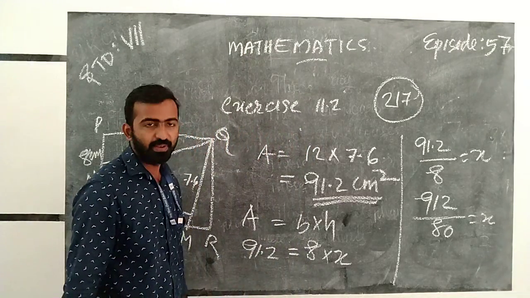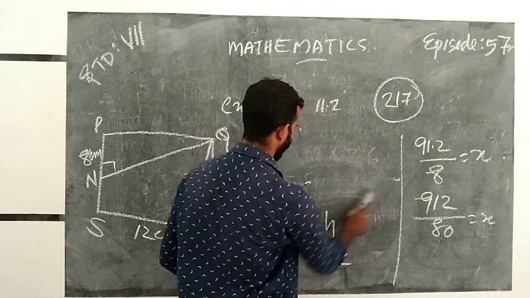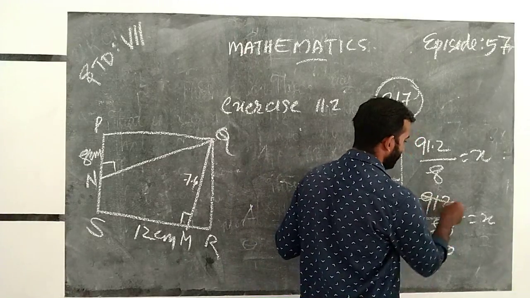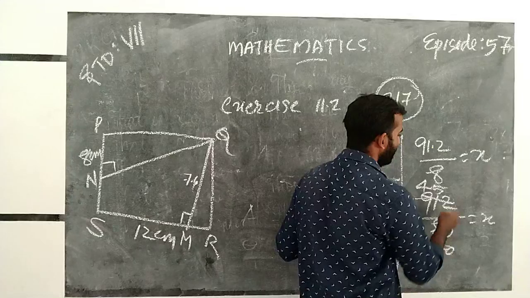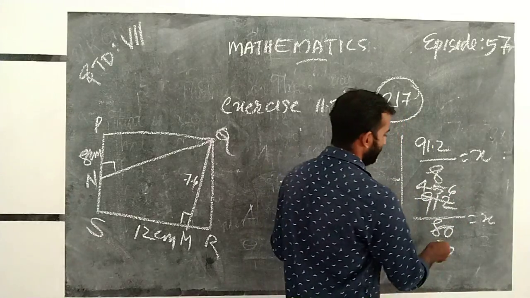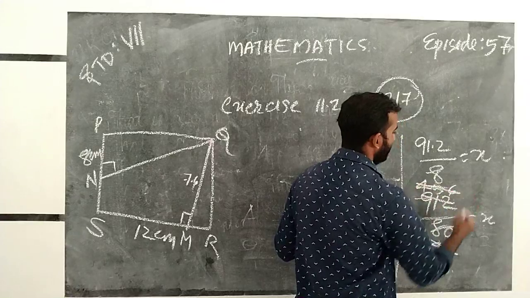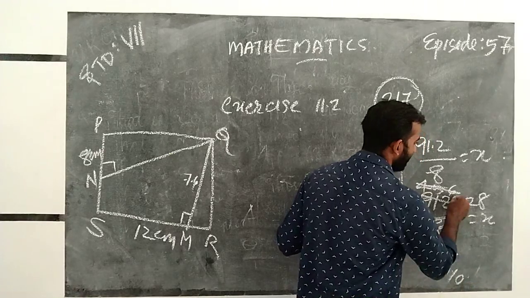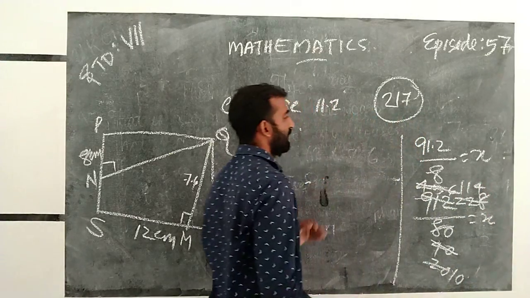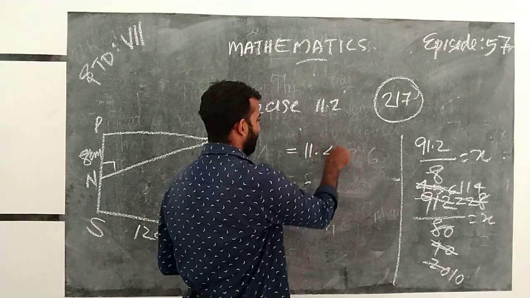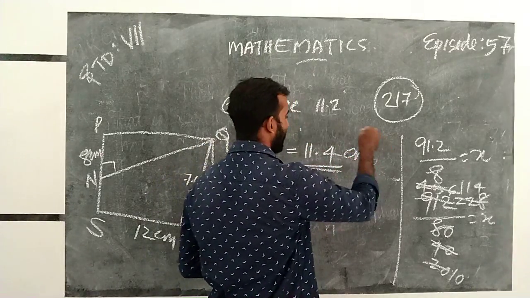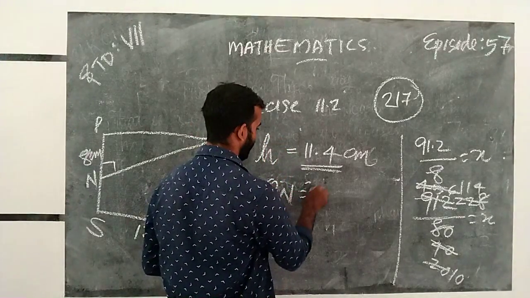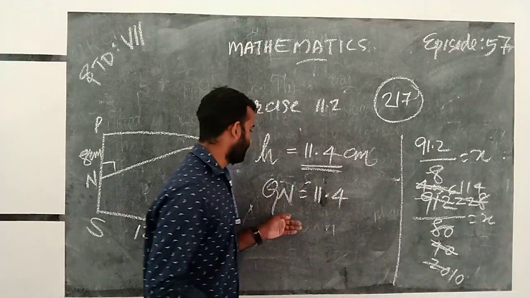When we simplify, we get 11.4 centimeter as the height, or QN.